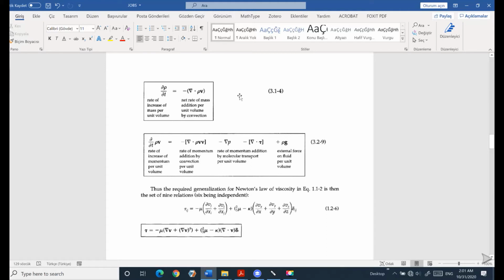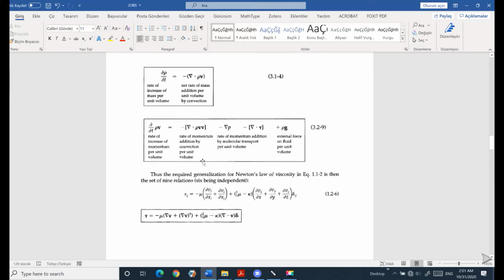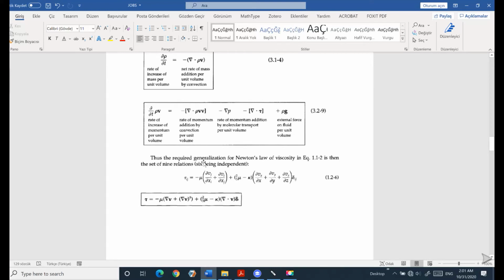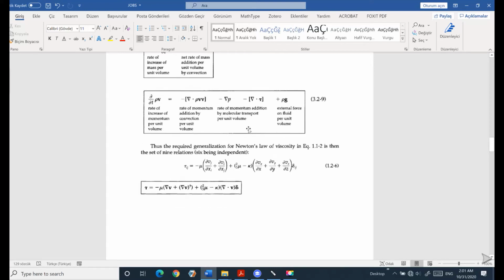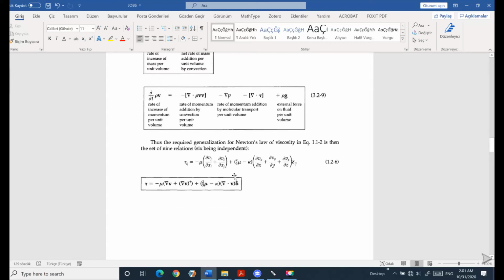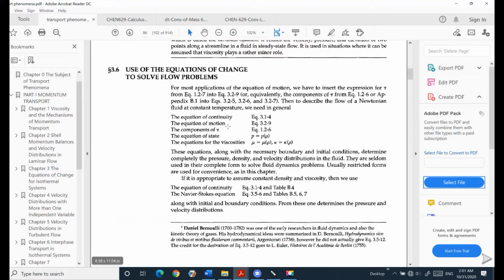For the problem solution, the first step is to utilize the continuity equation. In the second step we are going to use the equation of motion, the conservation of linear momentum. And for the other equation, we are going to use Newton's law of viscosity to calculate the viscous forces, and we are going to use these formulas.